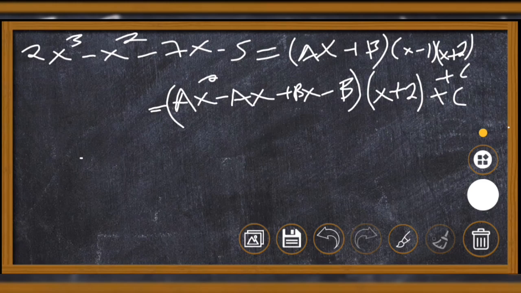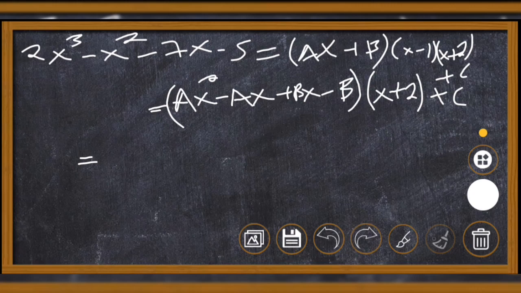Okay, so let's simplify this further. We're going to multiply ax^2 throughout in here, until we have a simplified version of this expression. So you can go ahead and do likewise. So ax^2 multiplied by x, we're going to have what?